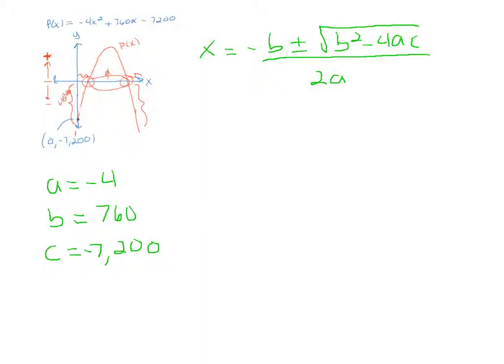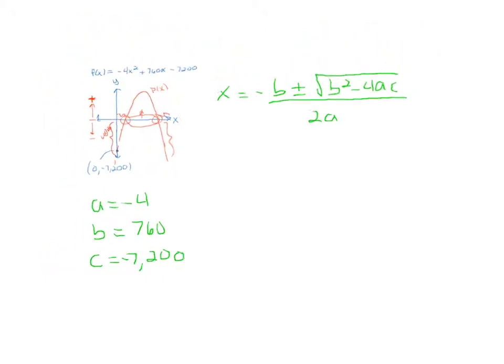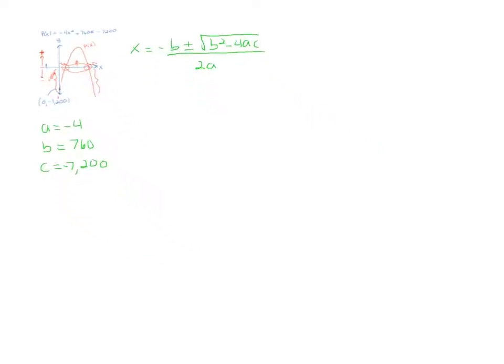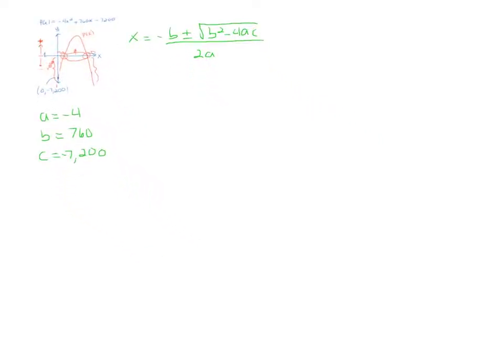In our calculators, we know what negative b is: negative b is just going to be negative 760. So negative 760 plus or minus the square root of, well, b is equal to 760.